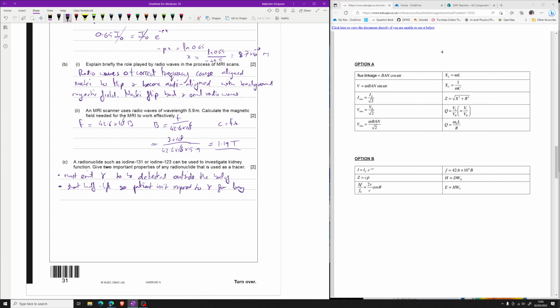On the flip side of that, half-life needs to be long enough for measurements to be taken, long enough for a scan to be taken or whatever. That's what I'm going for.